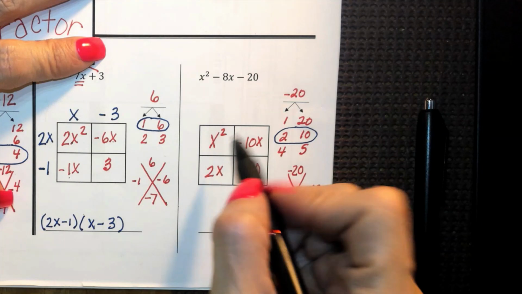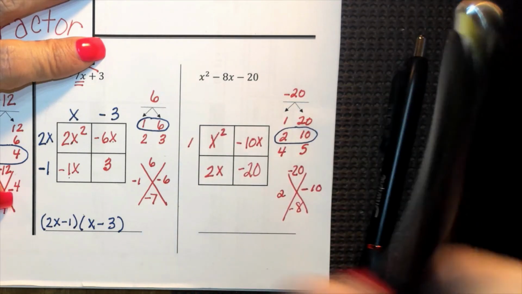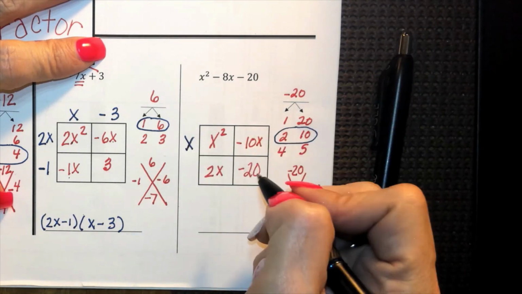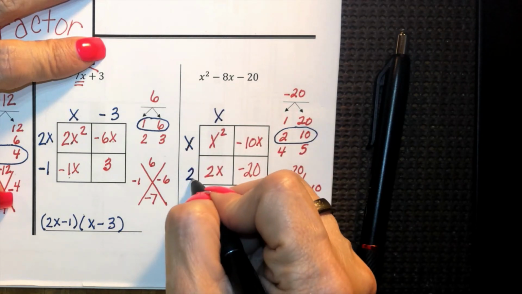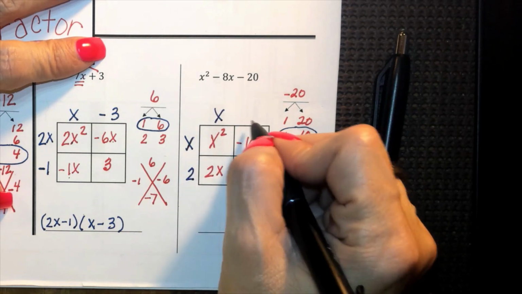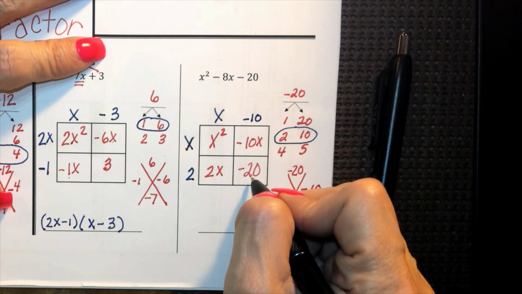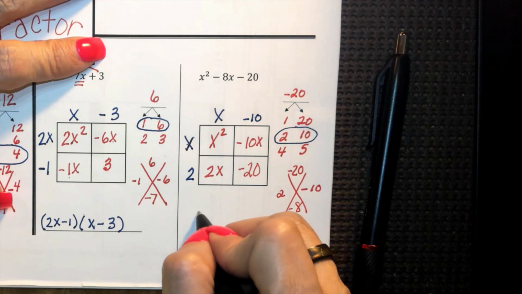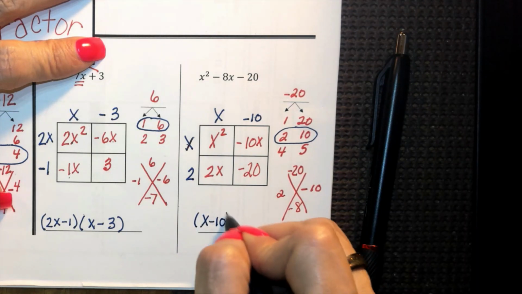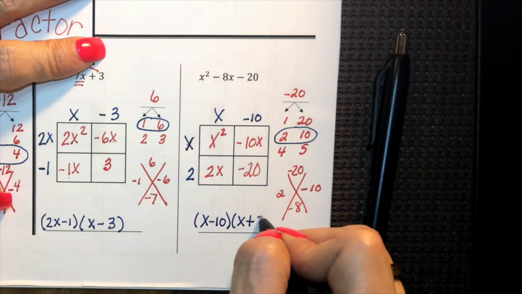The only thing in common here is an x. X times x will give me x squared. X times 2 will give me 2x. 2 times negative 10 would give me negative 20. X times negative 10 is negative 10x. So on the top I've got x minus 10. On the bottom I've got x plus 2.